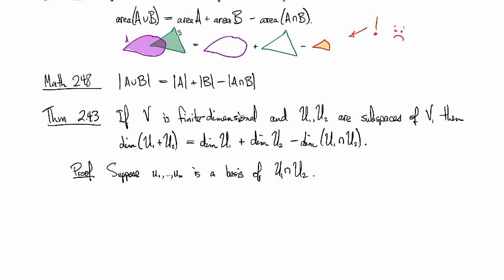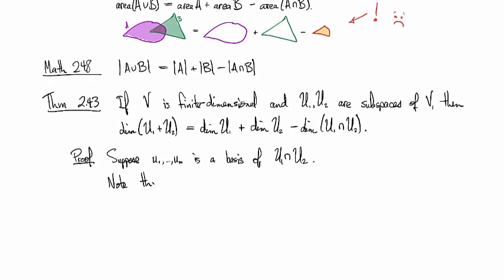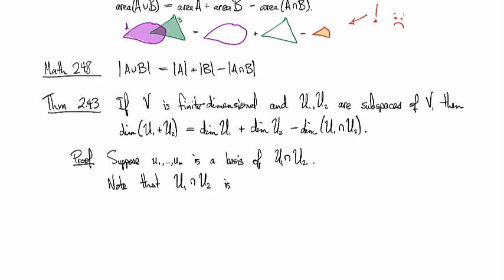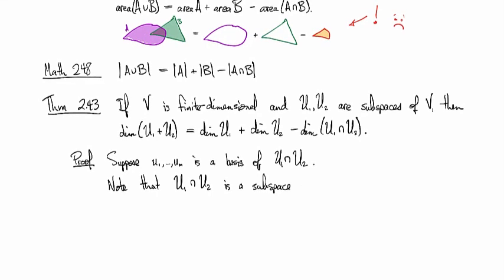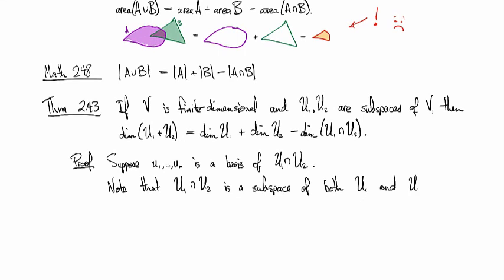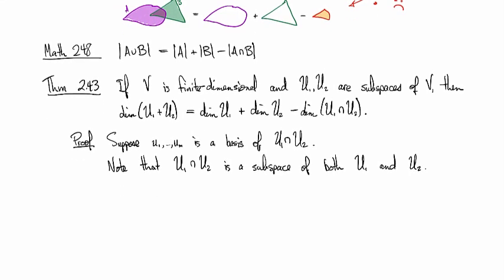Okay, so note in particular what I just said, that this intersection is a subspace of both U1 and U2.